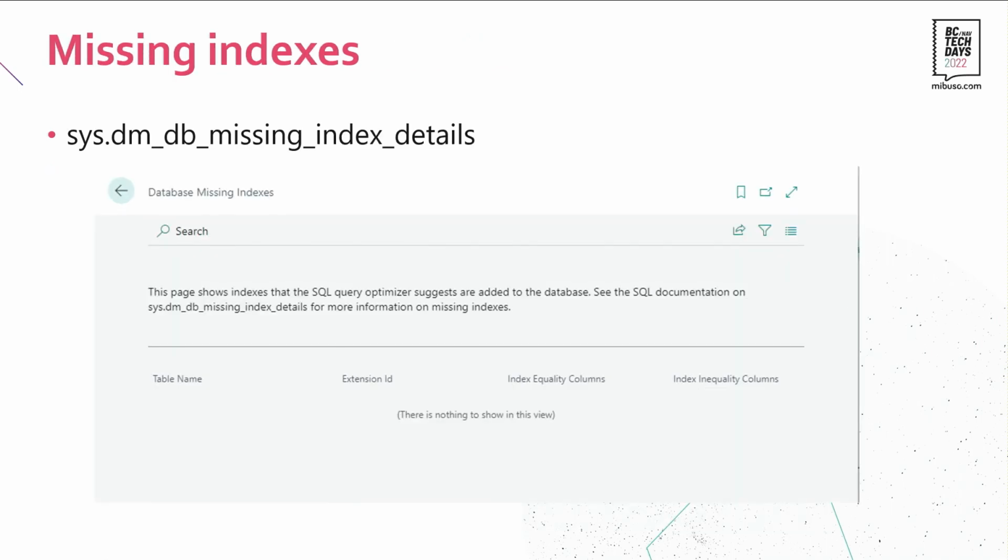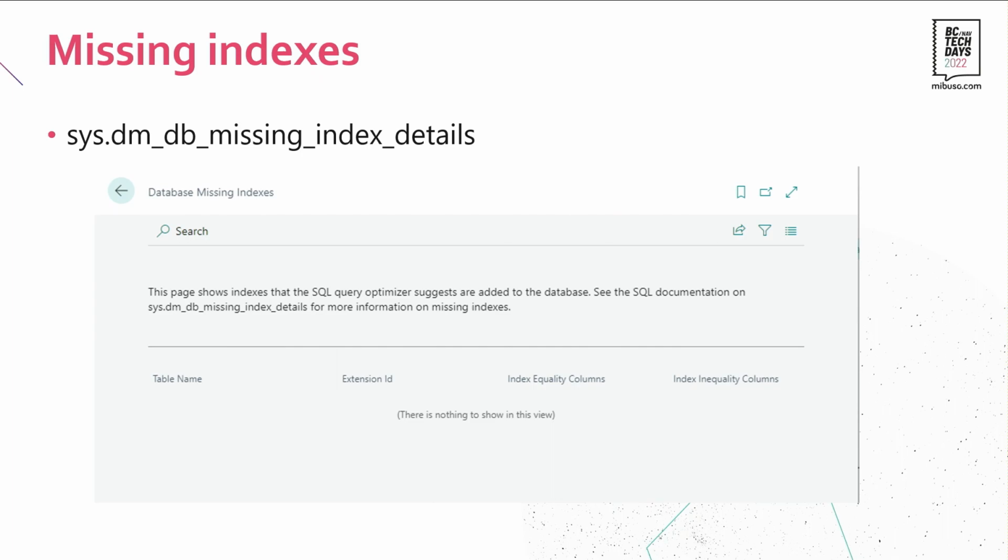The missing indexes feature on SQL Server consists of two components. One of these components is the missing indexes element in the SQL XML of the execution plan. And the second one is a dynamic management view, the missing index details view, which can return us information about missing indexes.